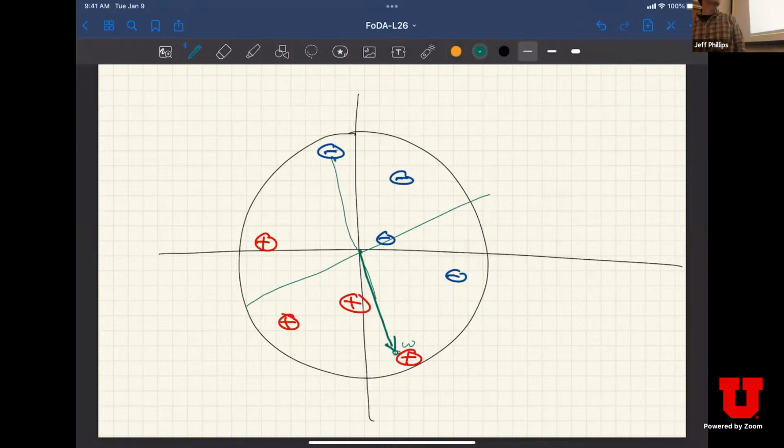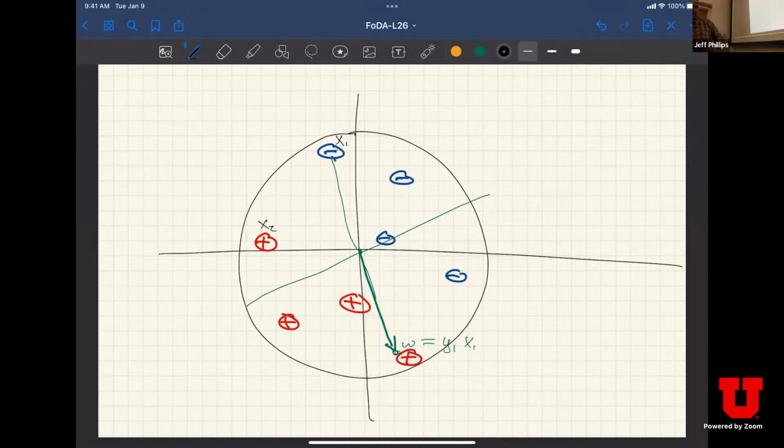I initially picked the negative point, and so my W is negative. This is equal to y1 x1. So we'll label this point as x1. Because y1 was -1, it's pointing in the opposite direction. Now we'll pick another. Let's say this point is x2, and it's misclassified. This red point down here is classified correctly, so I don't do anything.